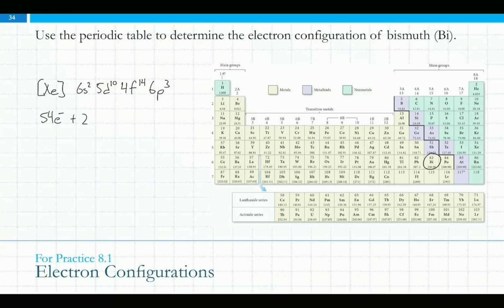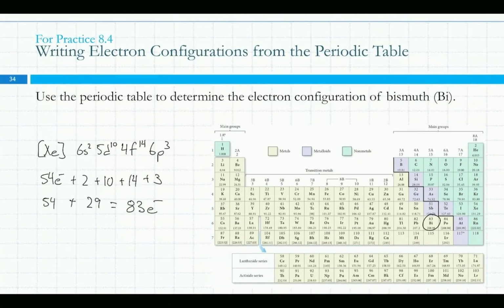And then if I add 2 and 10 and 14 and 3, 26, 29, so those are 29, plus 54 equals 83. So if we had left out the F orbitals, we'd be short by 14 electrons. So you can do that to just check.